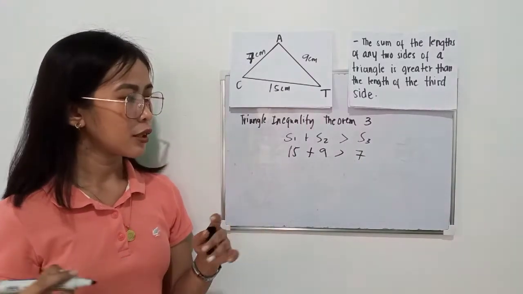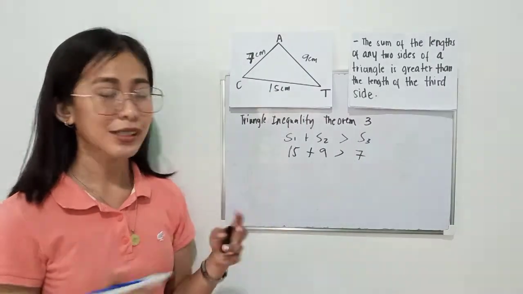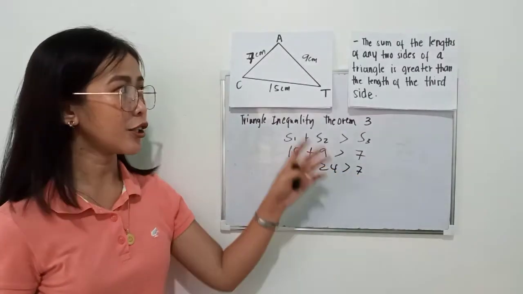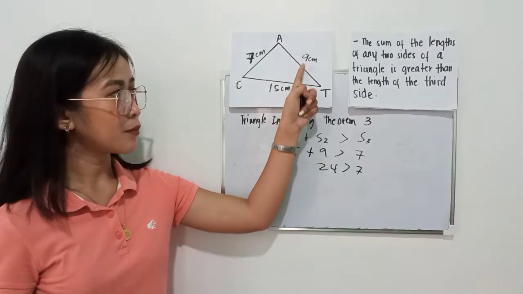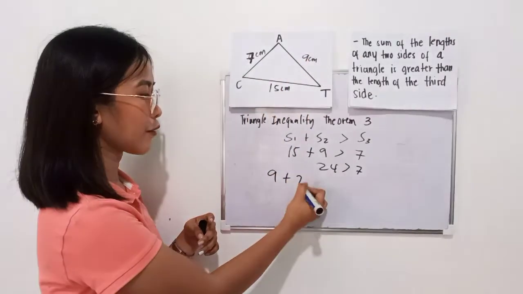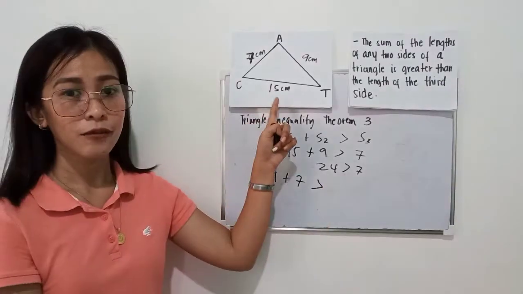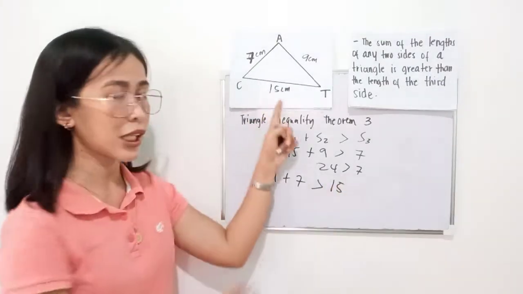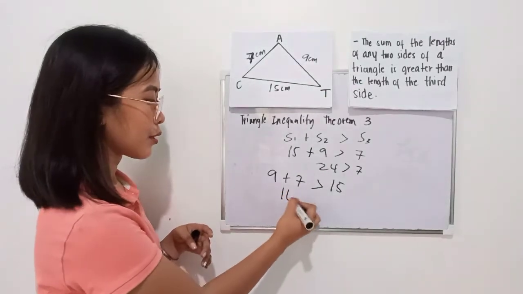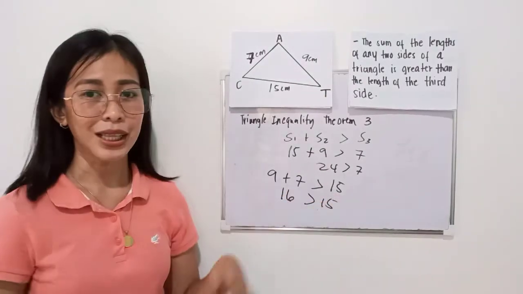So, we have 15 plus 9 is 24, and 24 is greater than 7. Okay, another. We have this side and this side. 9 plus 7 is greater than 15. Kasi si 15 yung third side natin. Tama? So, 9 plus 7 is 16. Is greater than 15. Diba?